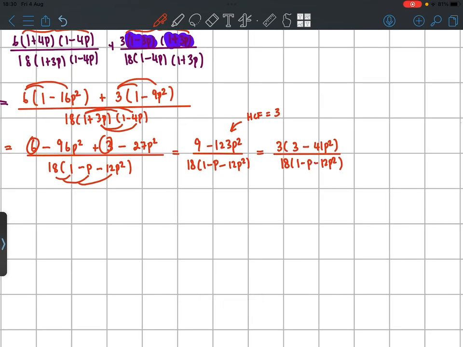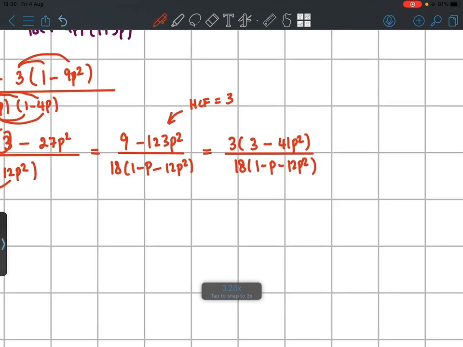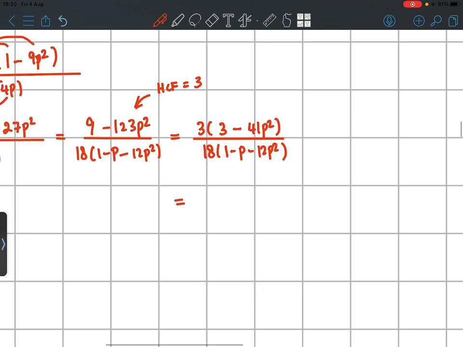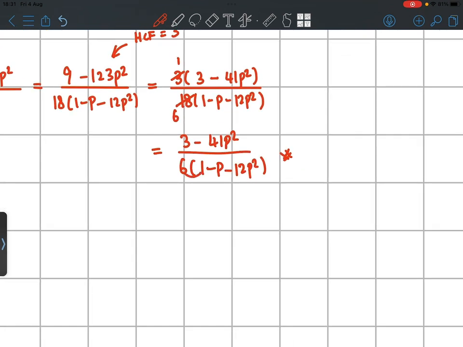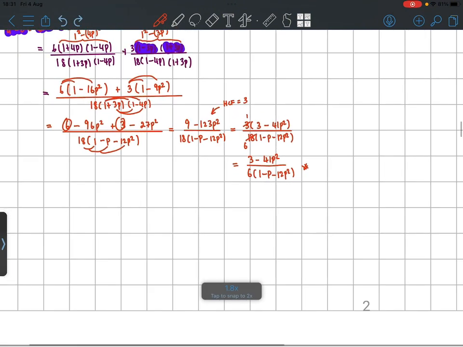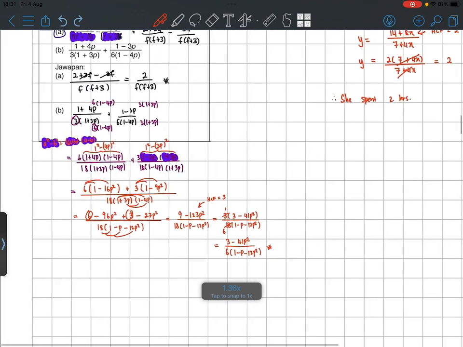Okay, let me check if I did any mistake. Yes, I guess that's correct. So if you divide, 3 divided by 3 is 1, 18 divided by 3 is 6, so we are just left with (3 minus 41p square) divided by 6 in bracket (1 minus p minus 12p square). So you can choose either to expand, but I just leave it like that. Okay, so I hope you can understand me.